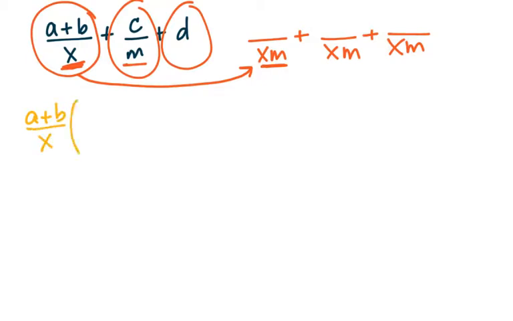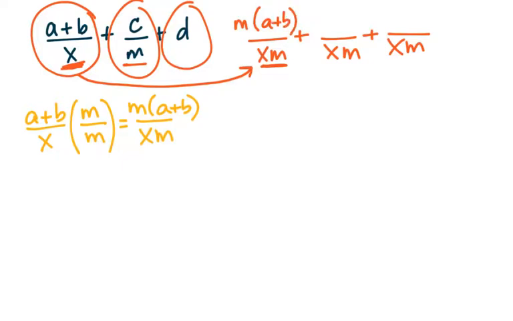I needed to multiply the a plus b times an m over m so that I could get this xm denominator. And that created up top, when I multiply the m times a plus b, that is what we create on top. So I'm just going to fill that in here because that's our new numerator there.